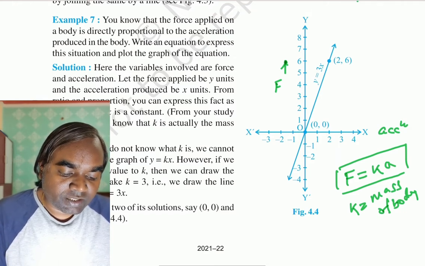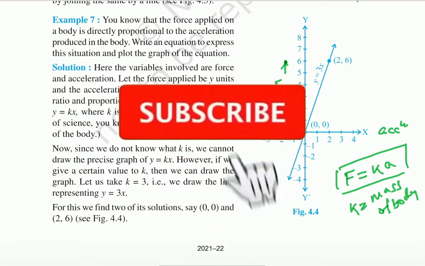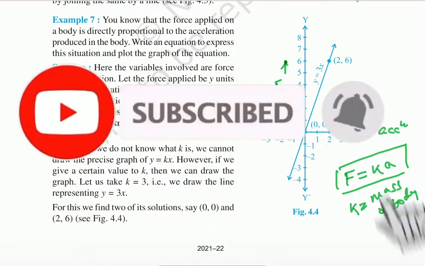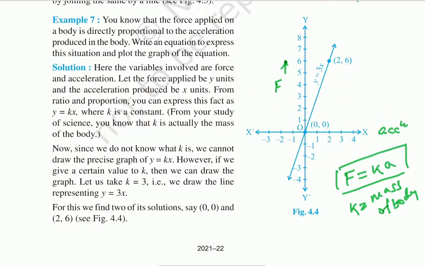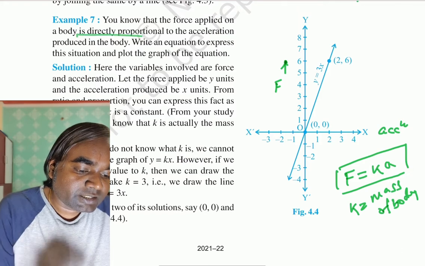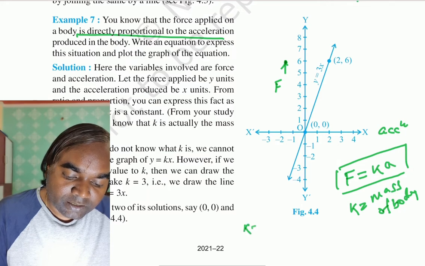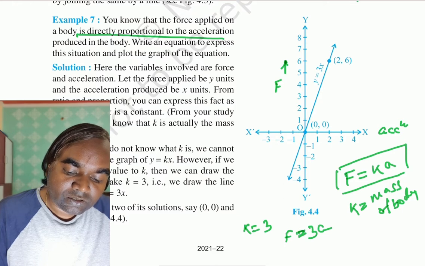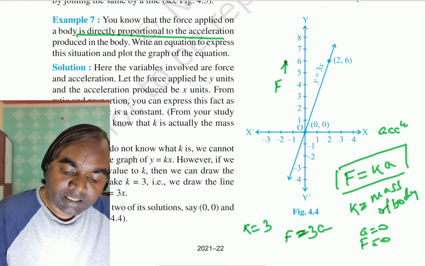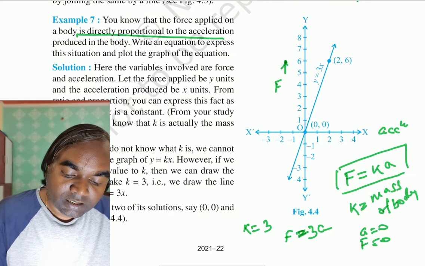So the solutions for this equation: the force is directly proportional to the acceleration. If we keep k equal to 3, then F is equal to 3a. If we take a equal to 0, F will be 0, and if we take a equal to 1, then F will be 3.